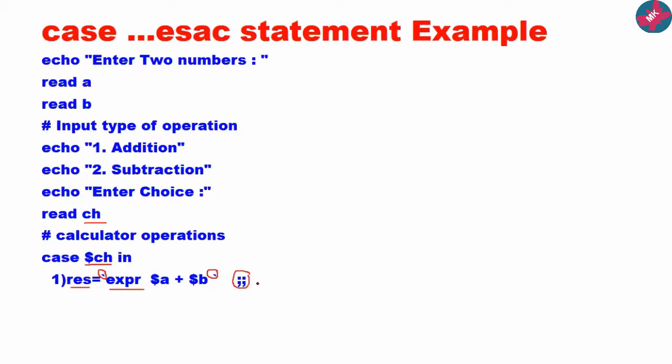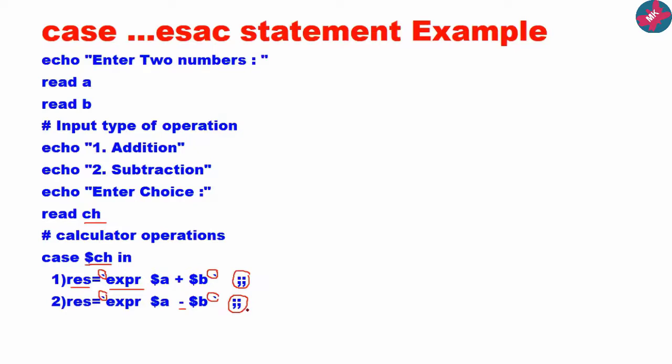This is pattern 1. Now let us check what I have written in the second pattern. Here I just want subtraction. So again I have used the expr expression within the backticks, and I will terminate it with a double semicolon. Then I don't need any default expression here, so I have skipped that.